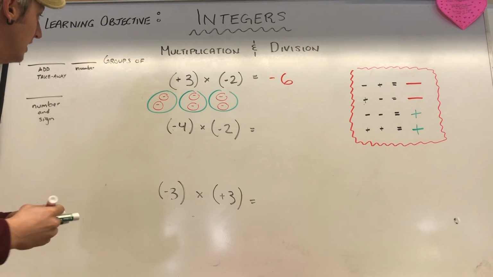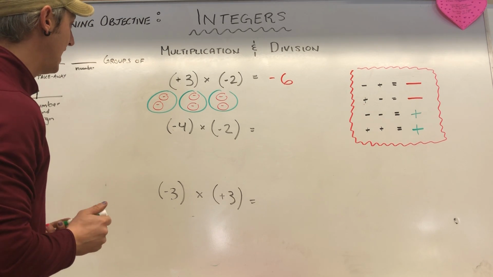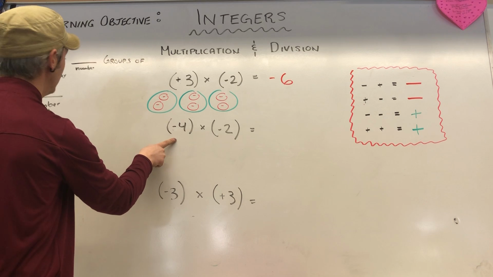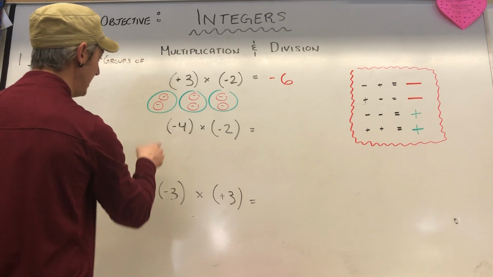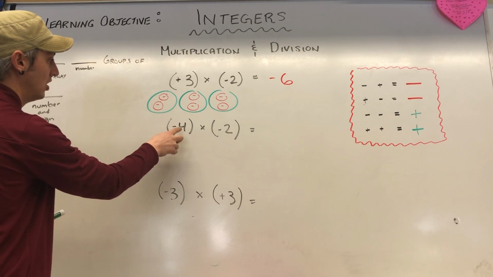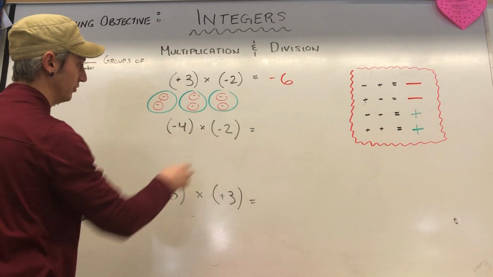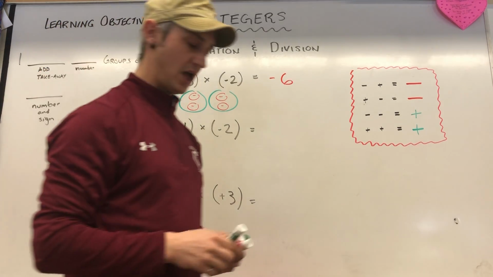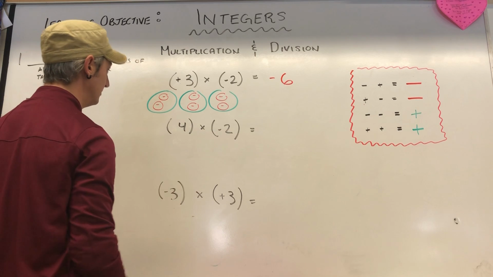Next one. Let's read this one as a sentence. Now I take away. So I take away 4 groups of negative 2.